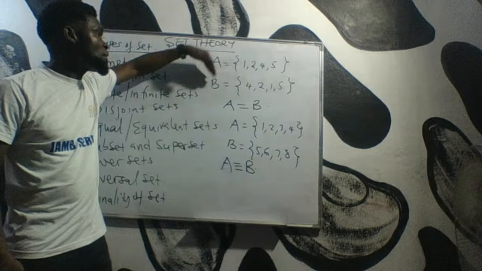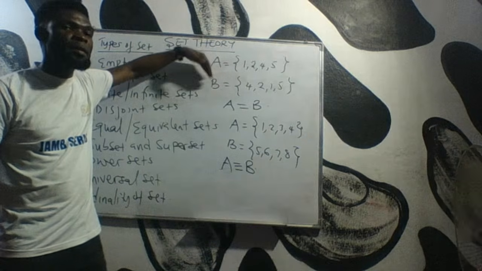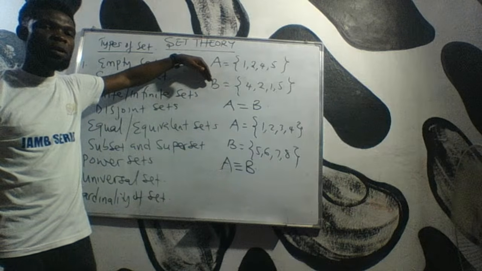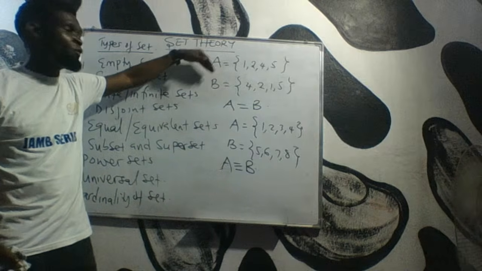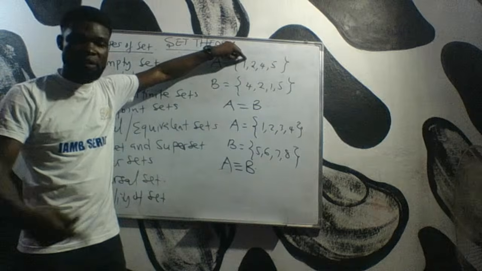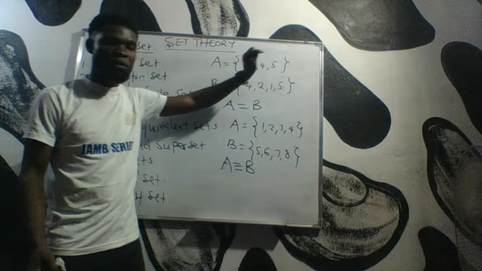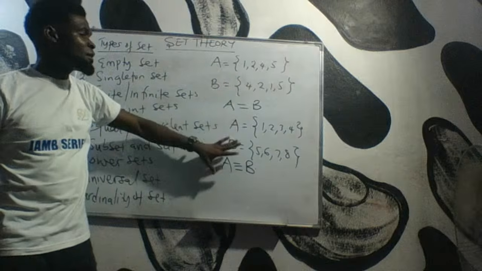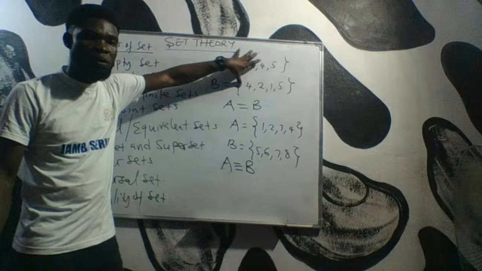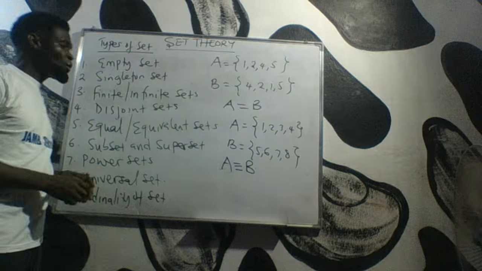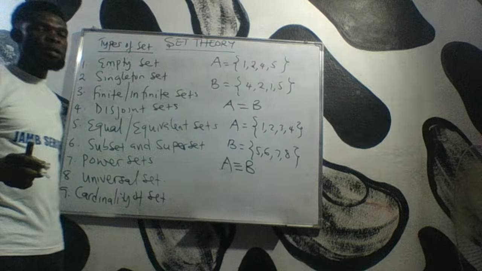So these sets are equal and they can also be equivalent. Why do we say they are also equivalent? Because they also have the same cardinality. 1, 2, 3, 4. 1, 2, 3, 4. So a set can be both equal and equivalent. I don't want to go much on that, but let's note the difference.